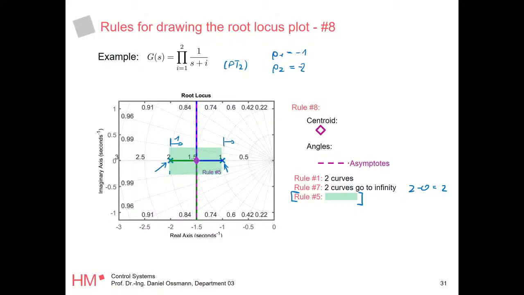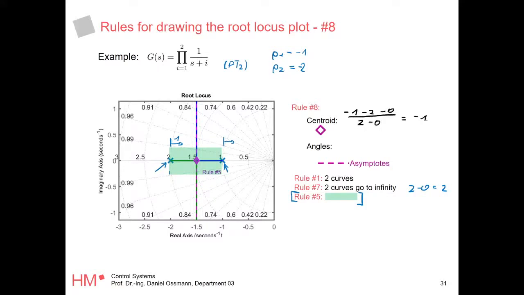Okay, we compute the centroid, because we know that the 2 lines go to infinity. So we are adding up all the poles. They only have real part, so -1, -2, and we don't have any zeros. And we divide by the number of poles minus the number of zeros.